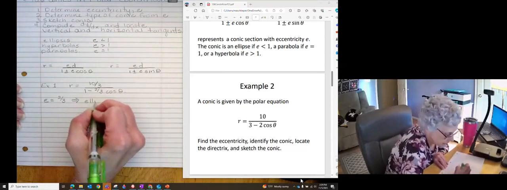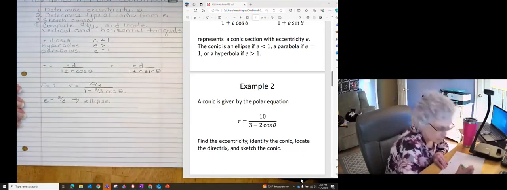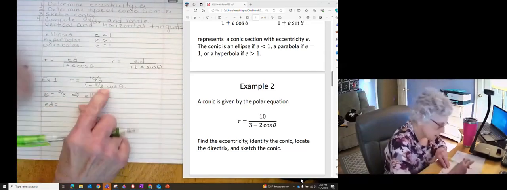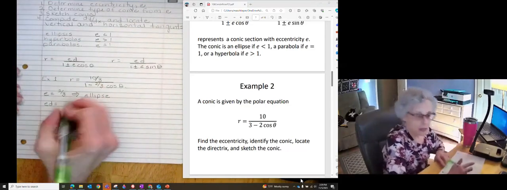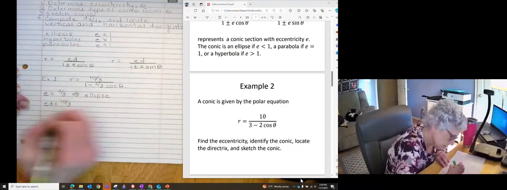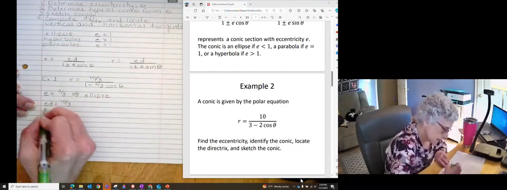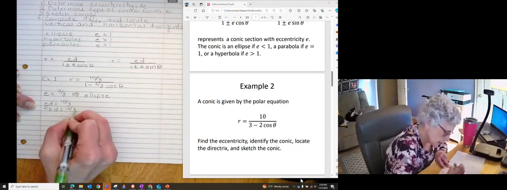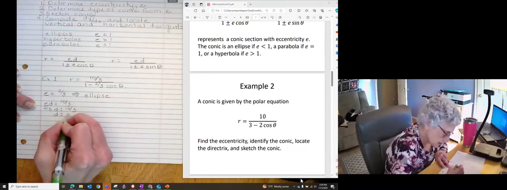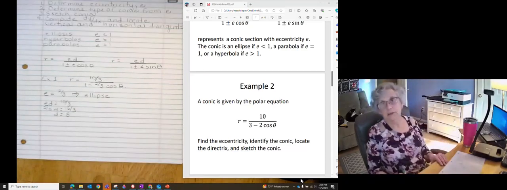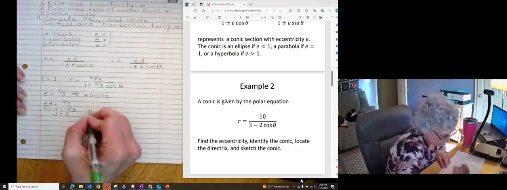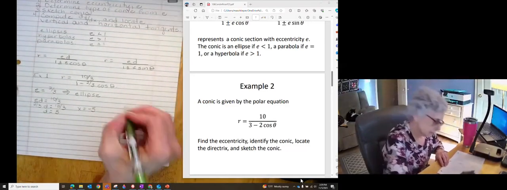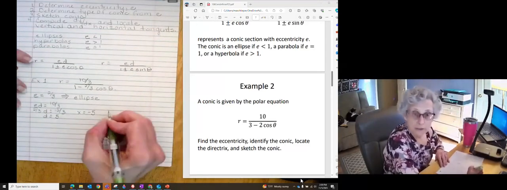That means we have an ellipse. So ED is equal to this number sitting on top. And E is equal to 2/3, so 2/3 times D is equal to 10/3, so D is equal to 5. Now I know that x equals -5 is going to be my directrix.